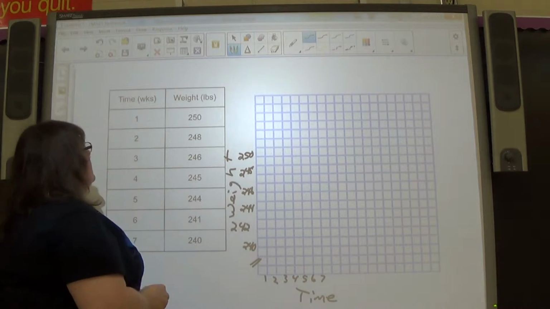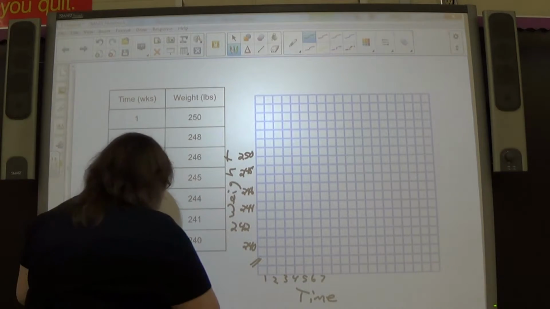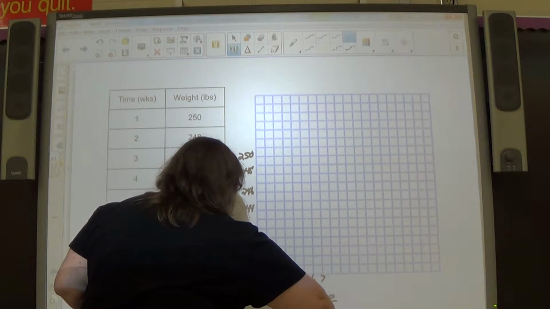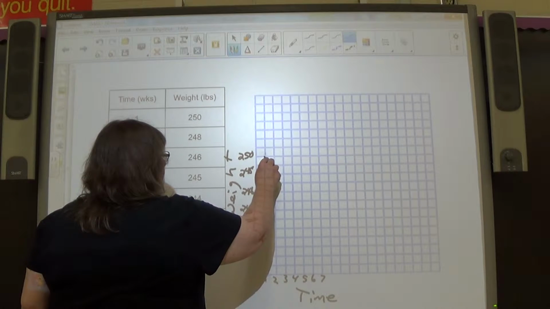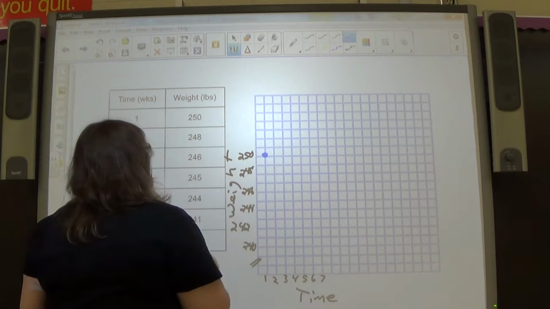Okay, so week 1, it's 250 pounds, okay? So week 1, 250, okay?